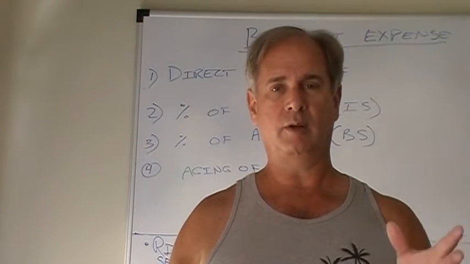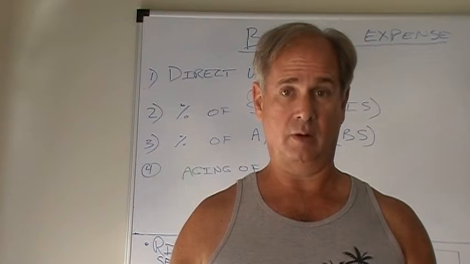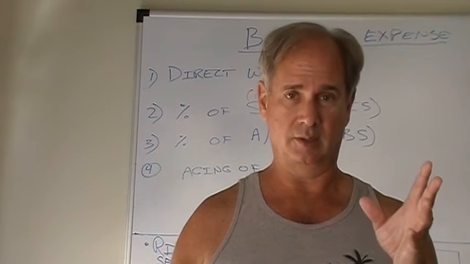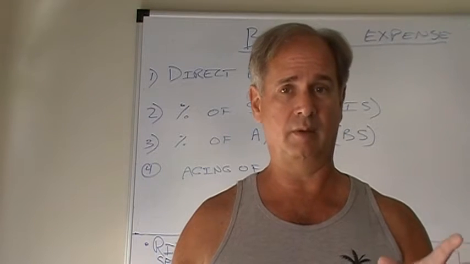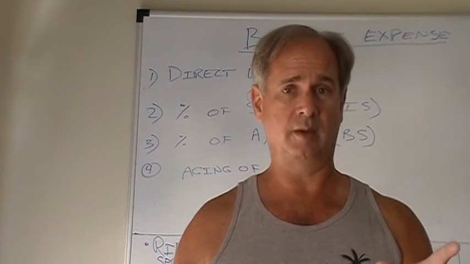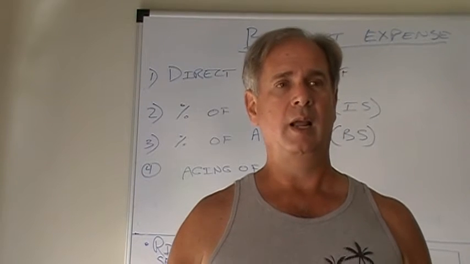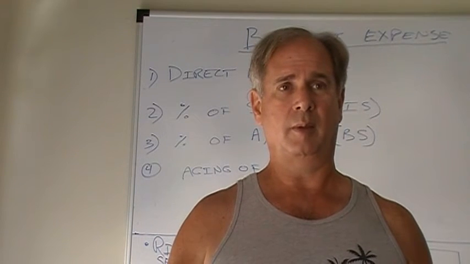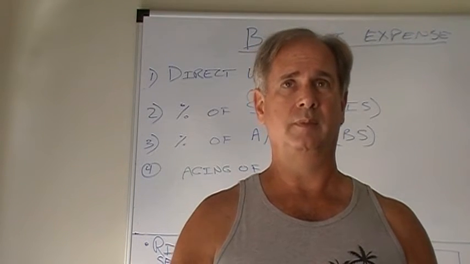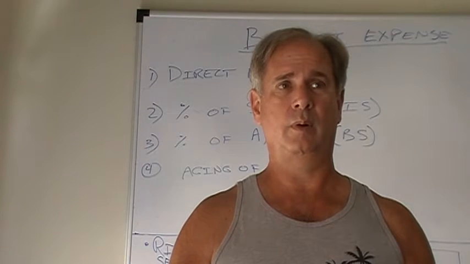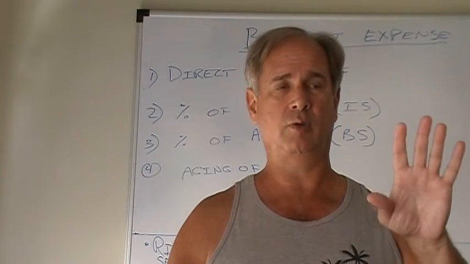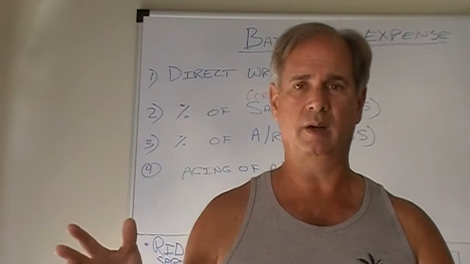So I look at my credit sales for that year, okay? This is a temporary account, it's a revenue account, it shows up on the income statement, it's going to get zeroed out at the end of every year. Let's say it's $1 million.